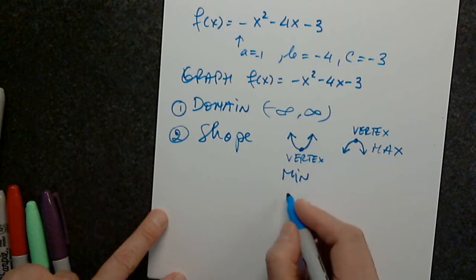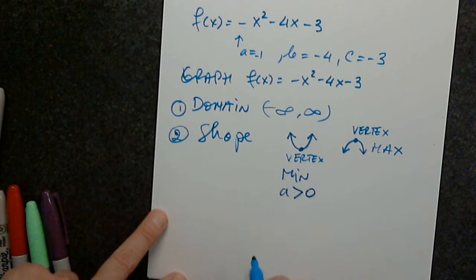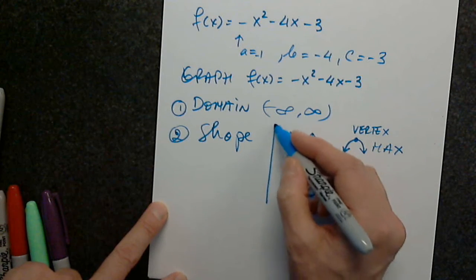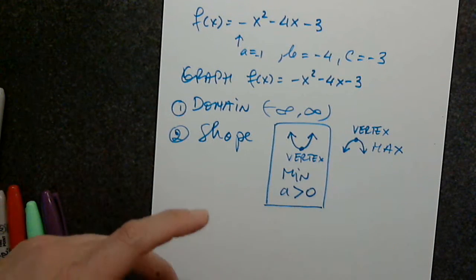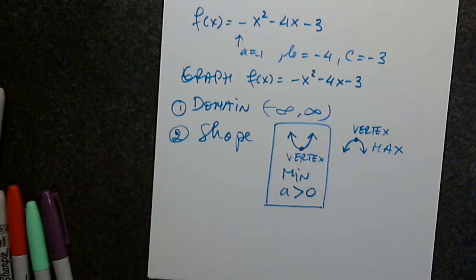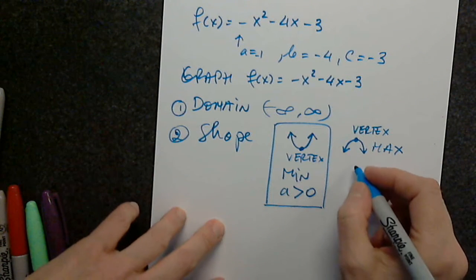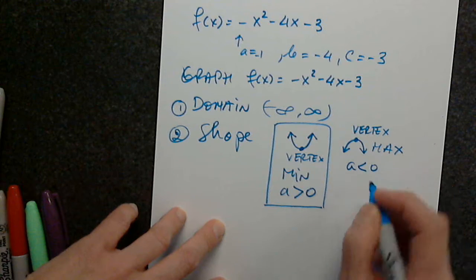If the leading coefficient is a positive number, the parabola will open upward. How do we know? Remember x squared. We graphed that so many times. It had a positive leading coefficient, so it's opening upward, right? Good. Here, the parabola will open downward.